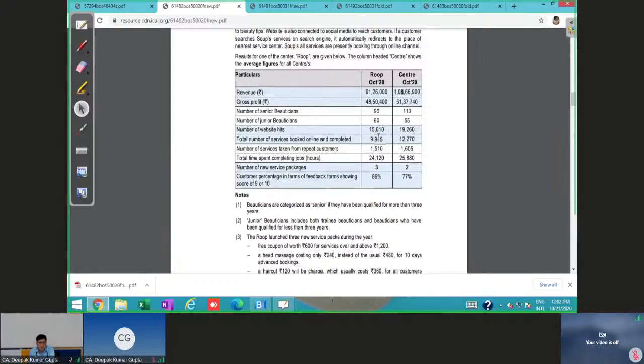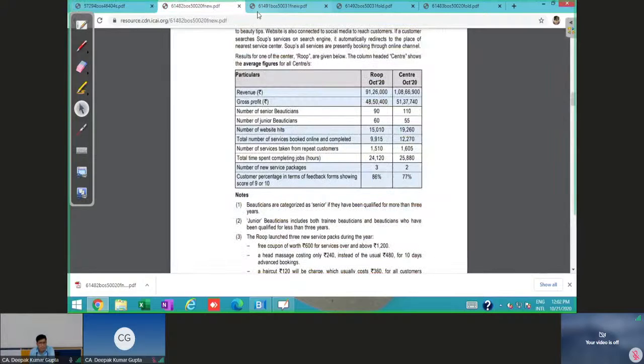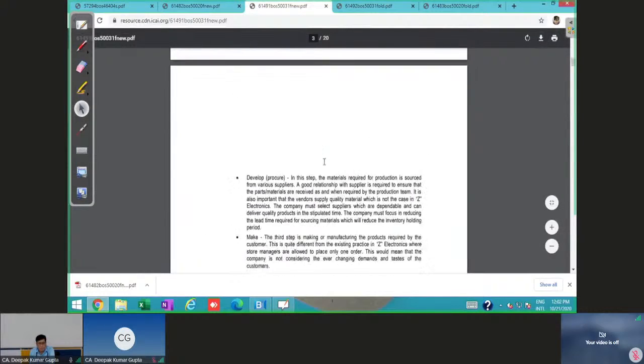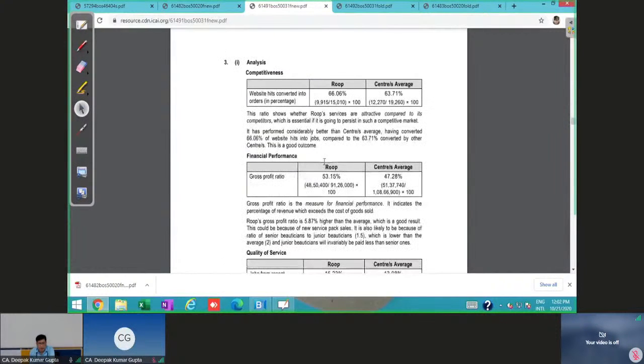In this question, if we compute the gross profit margin through these two figures, the average center's margin is 47.28% and Roop's gross profit margin is 53.15%.